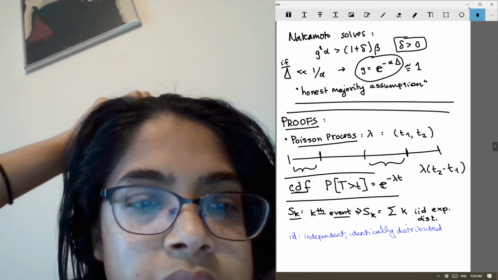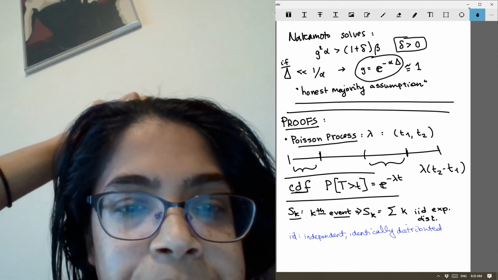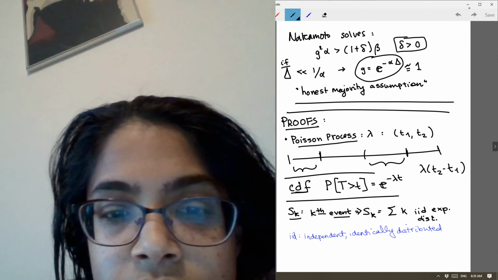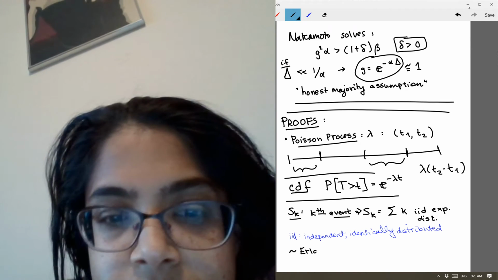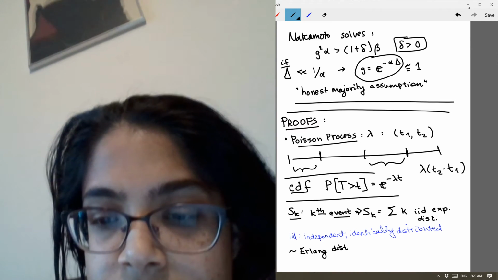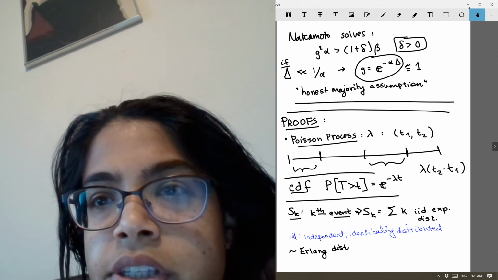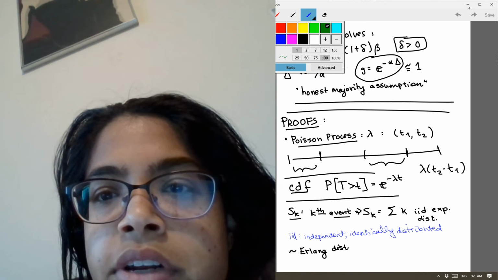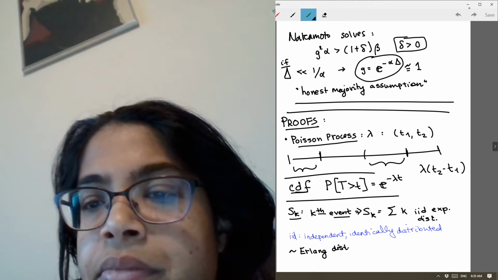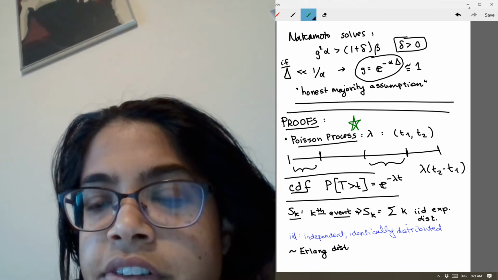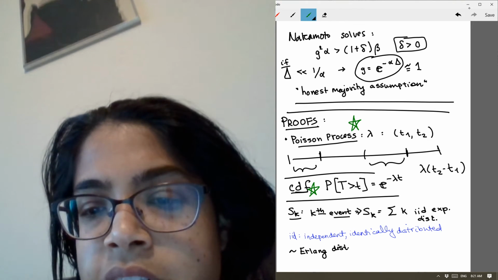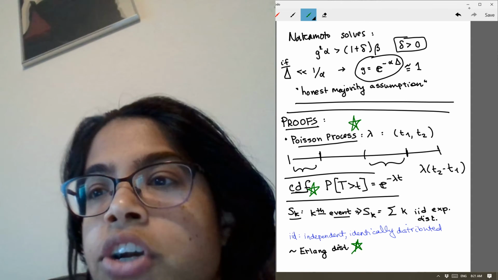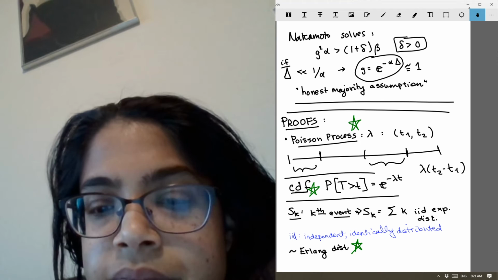And this happens to be an Erlang distribution, which I am less familiar with than the Poisson process. So one thing we should take note of is to make sure we understand the definition of a Poisson process, the definition of a cumulative distribution function, and the definition of an Erlang distribution. Great.